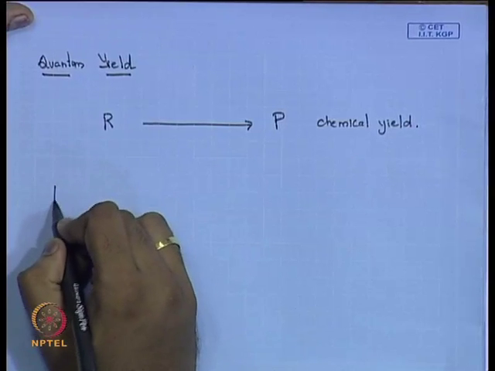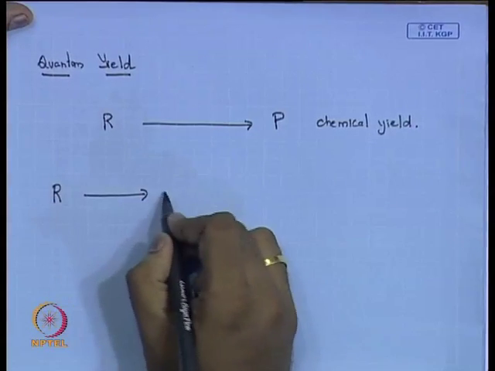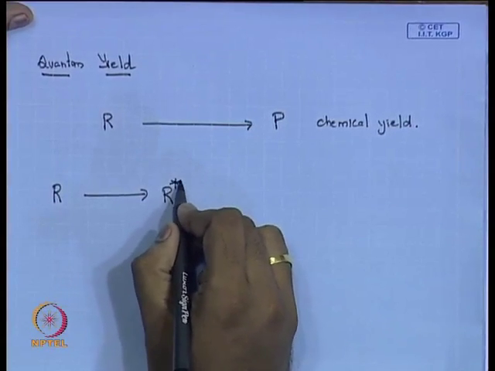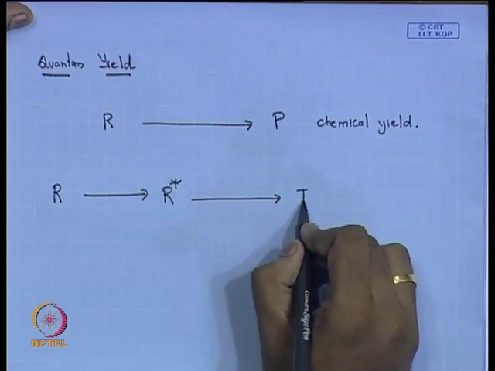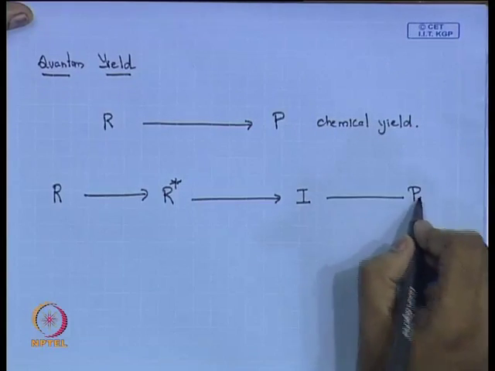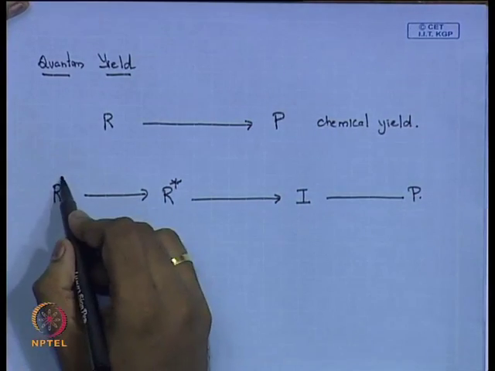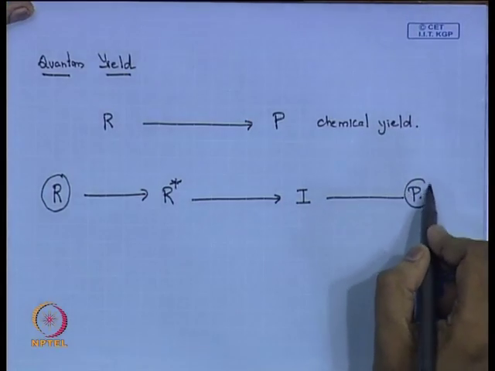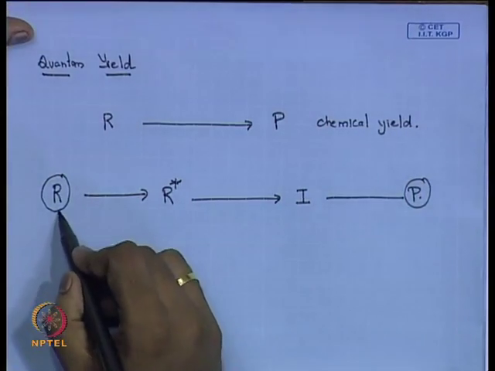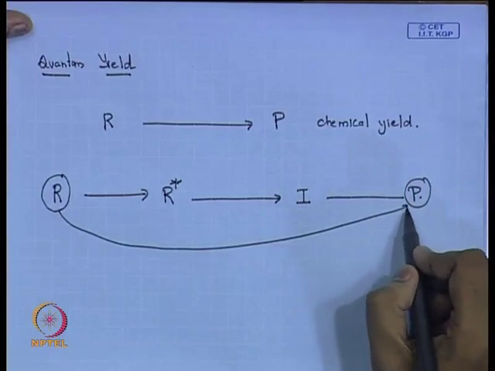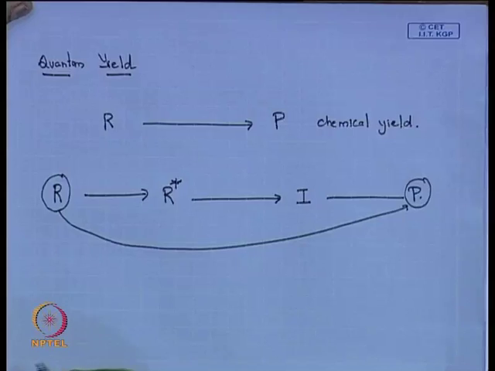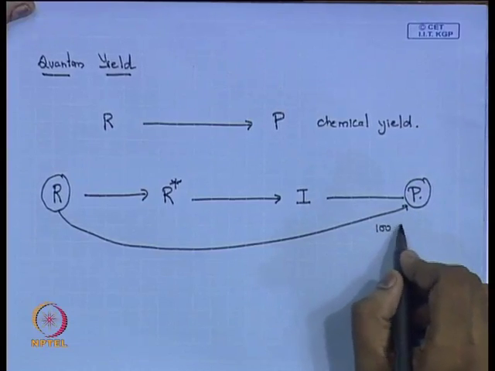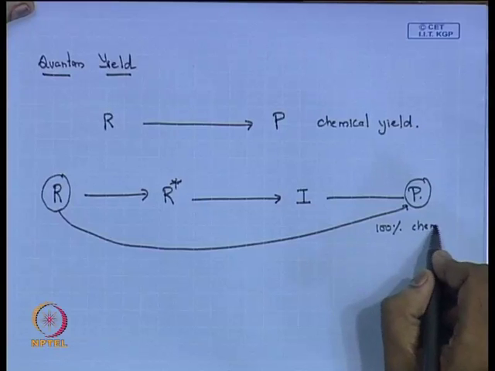But once we go to photochemistry, you have an R. Same way, if I take 1 mole of R and I get my P completely, that is my R is converted to my P, then I say this reaction is 100%, based on the chemical yield.